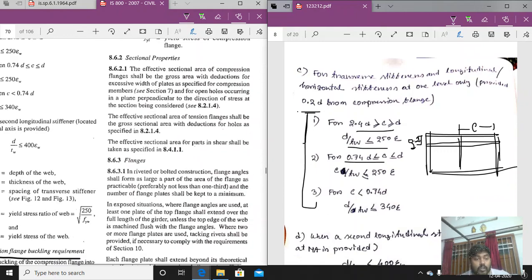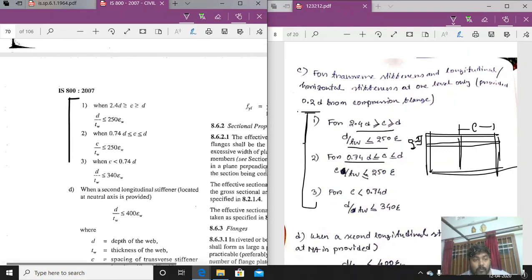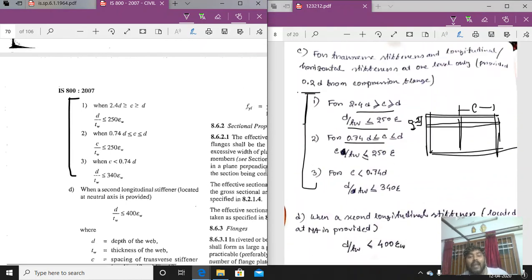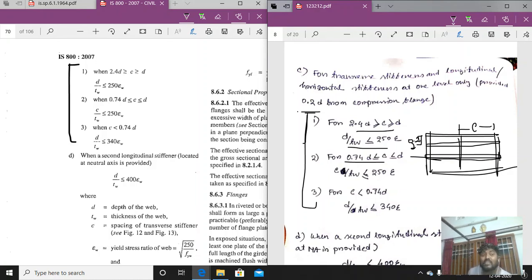So here it is also mentioned that this is the criteria to be satisfied. And the last one, when a second longitudinal stiffener is provided at the neutral axis, that means this is the neutral axis, so here another horizontal longitudinal stiffener is provided. So four criteria are there as per IS 800 that we have seen.